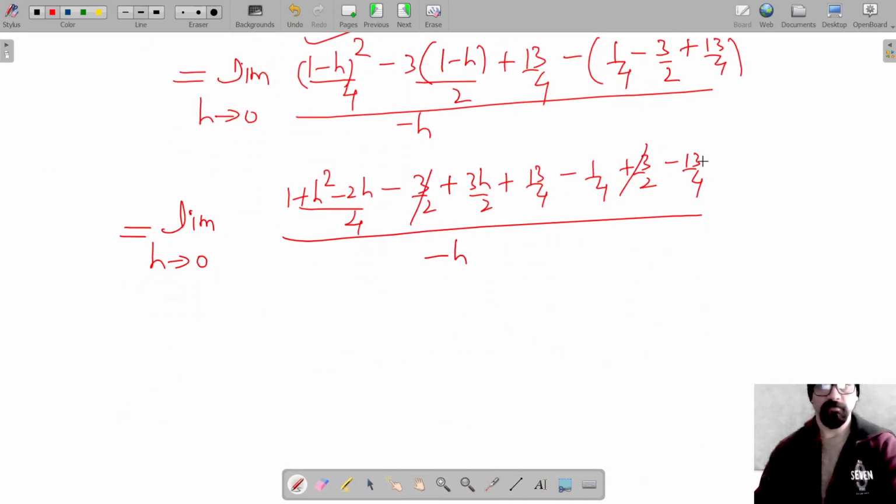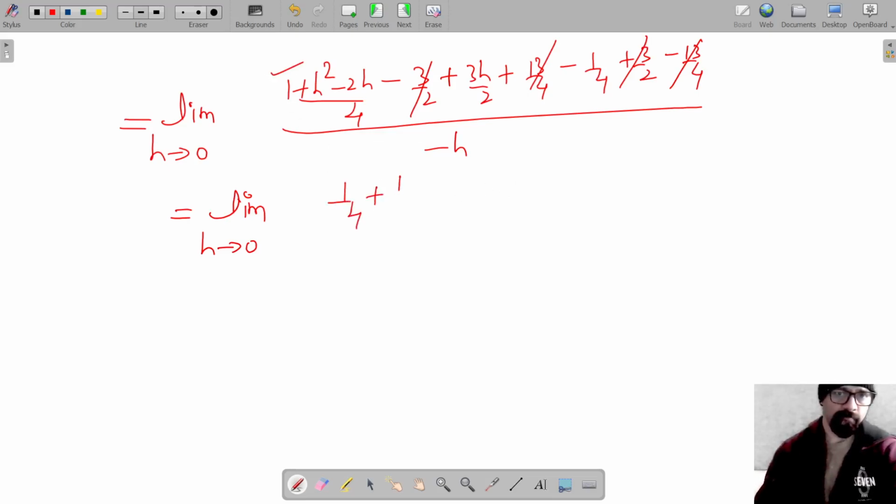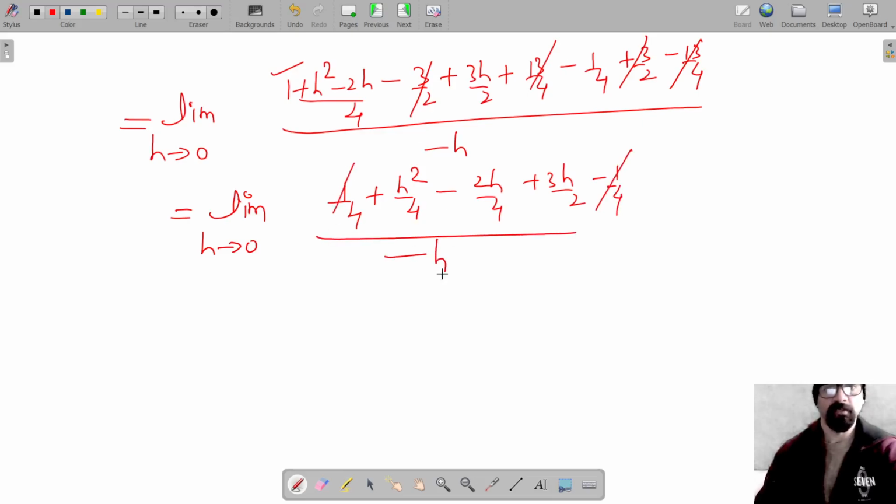Okay, this gets cancelled. 13 by 4, 13 by 4 gets cancelled, and finally we are left with limit h tends to 0, and this is now 1 plus h square minus 2h and plus 3h by 2. Let me write this as 1 by 4 plus h square by 4 minus 2h by 4 plus 3h by 2 minus 1 by 4. This gets cancelled. This is negative h.